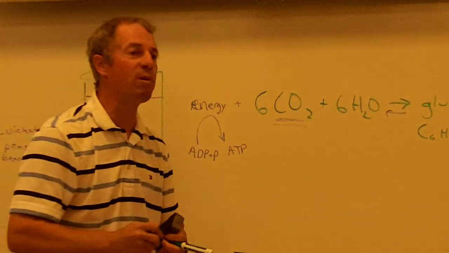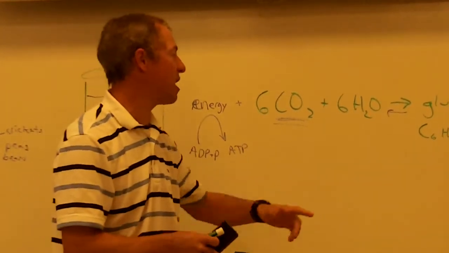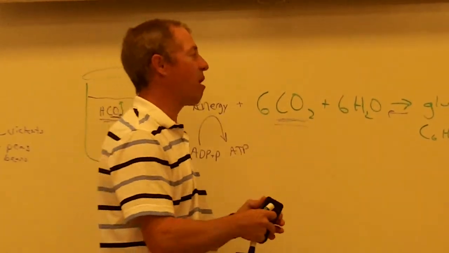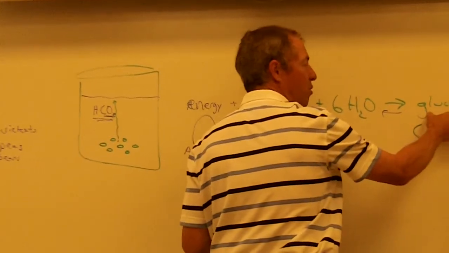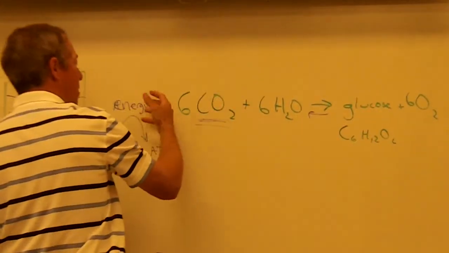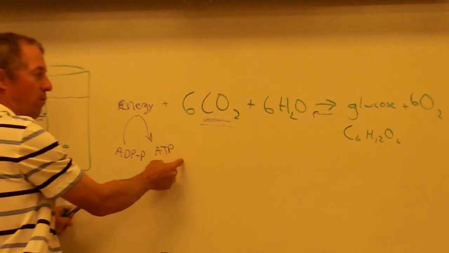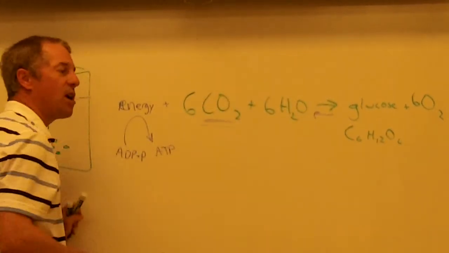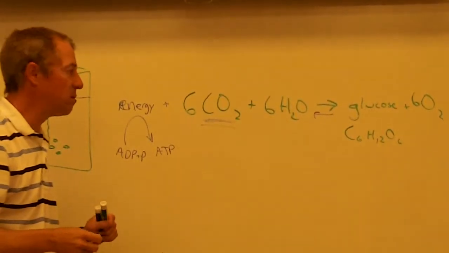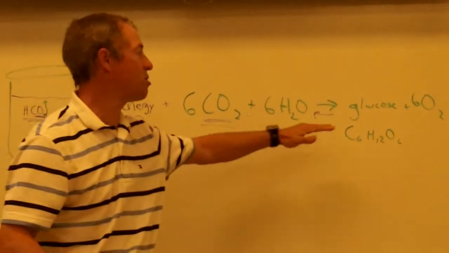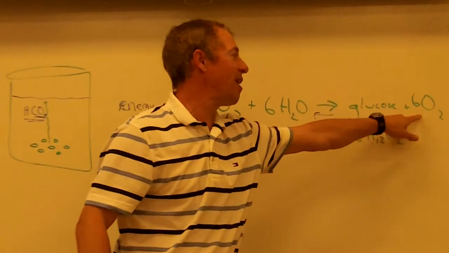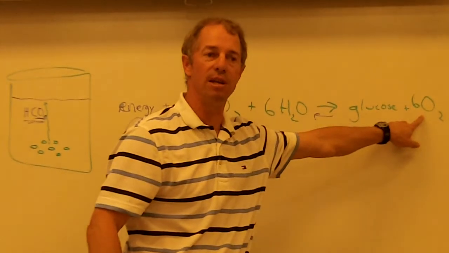So, respiration is the process of breaking down food to make ATP. And water and carbon dioxide are produced as waste products. Glucose is food. And you have to use oxygen to do it efficiently.